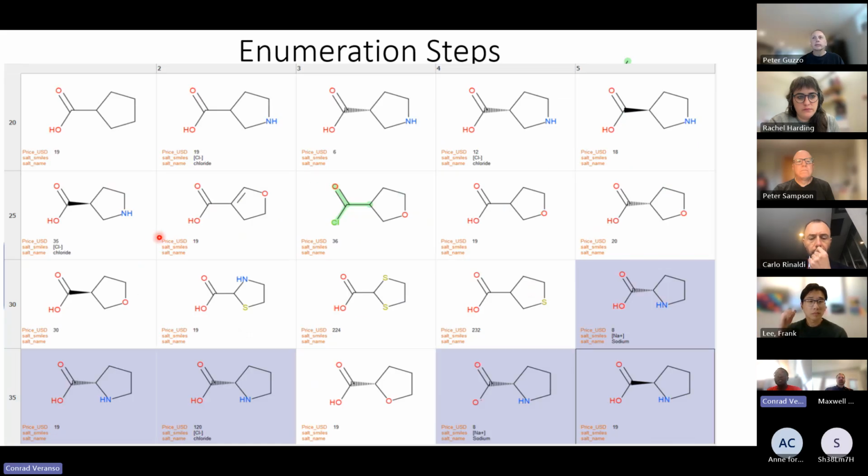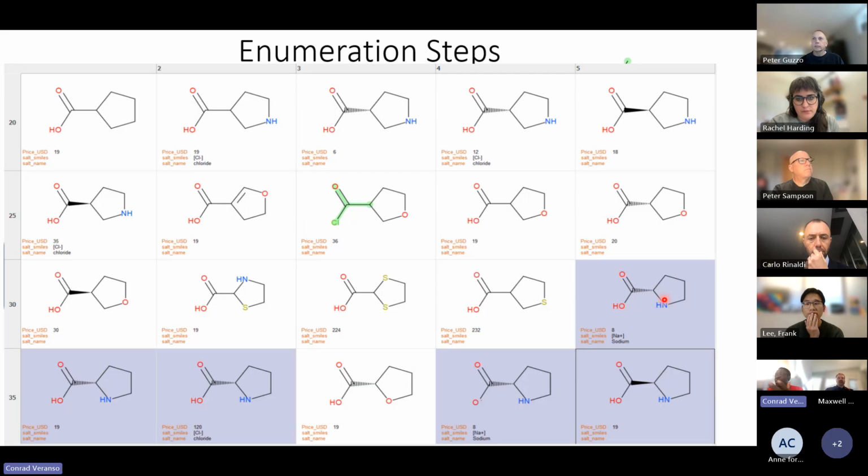During the enumeration stage, I realized there were a few things that were a bit of a concern. For example, reagents that came in different forms, but were the same reagent. For example, we have this one that came in as a sodium salt, a neutral molecule, or with a chloride salt, and so on.